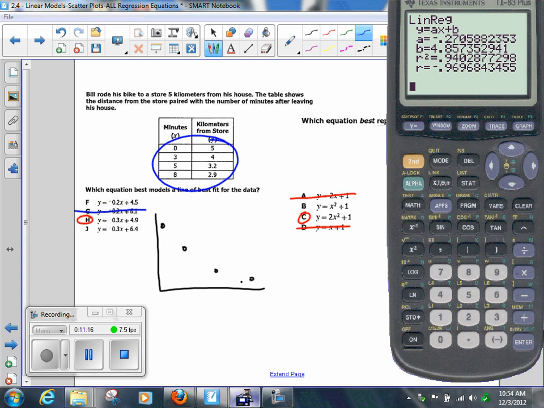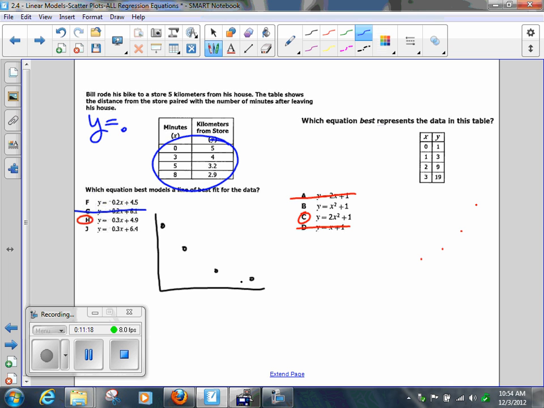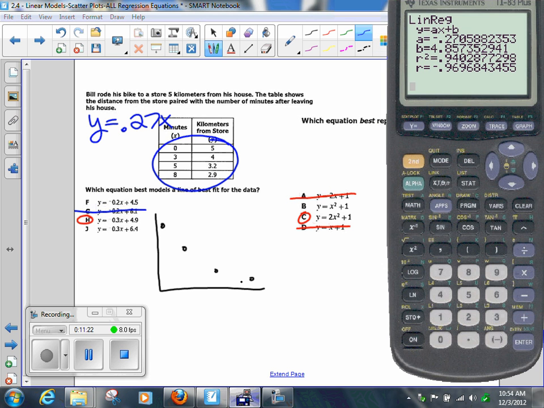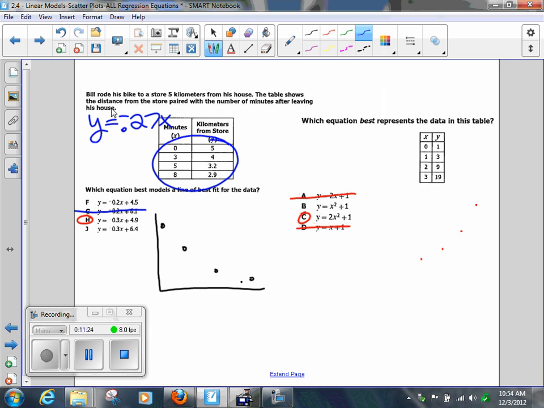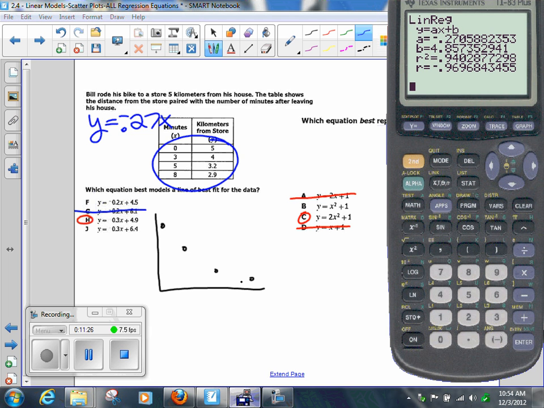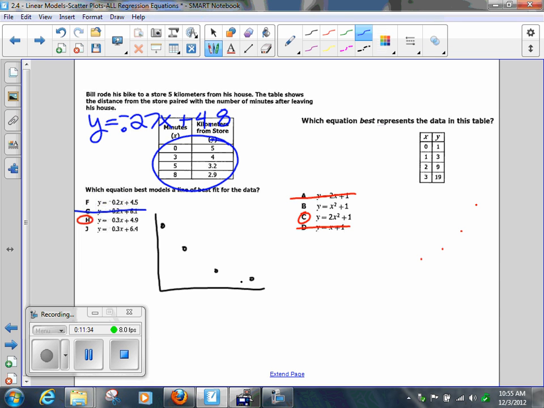y equals negative 0.27x plus 4.86. Do you guys agree with that? Plus 4.86. Now, guys, what's that close to?